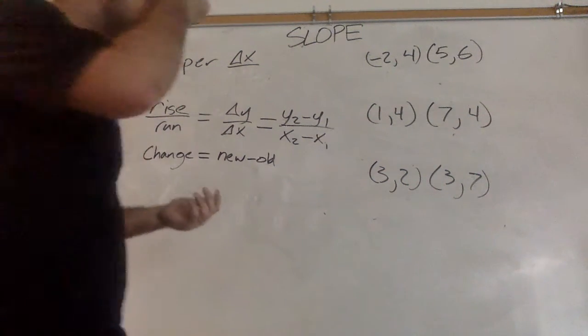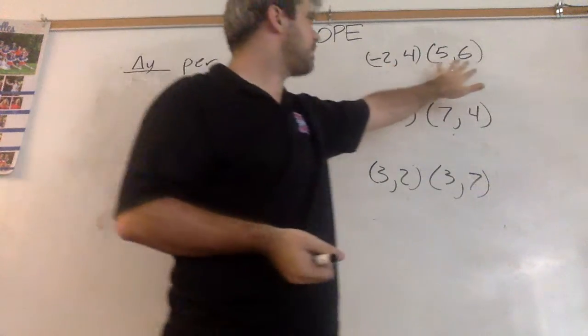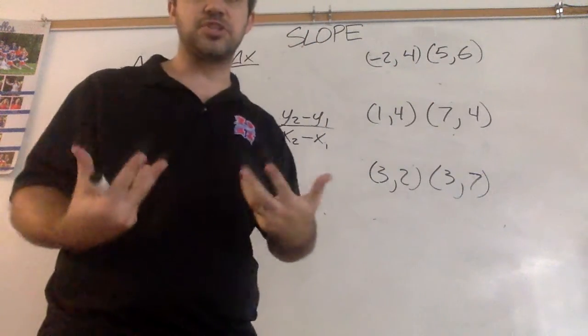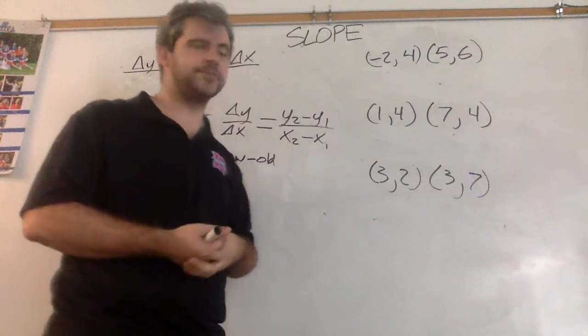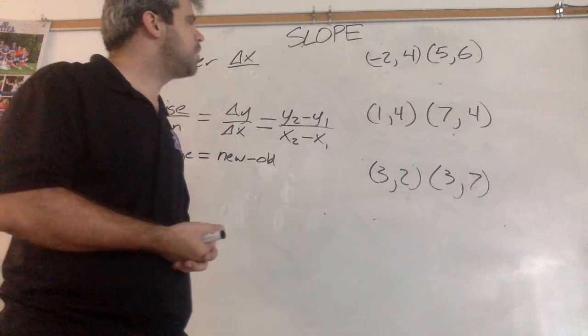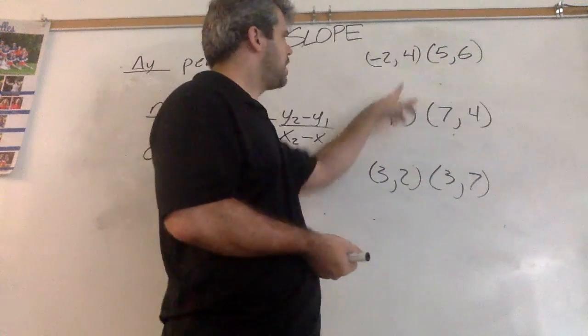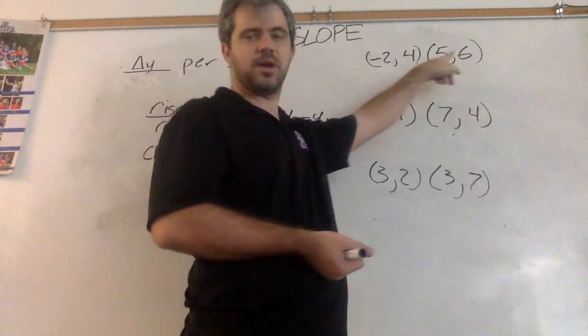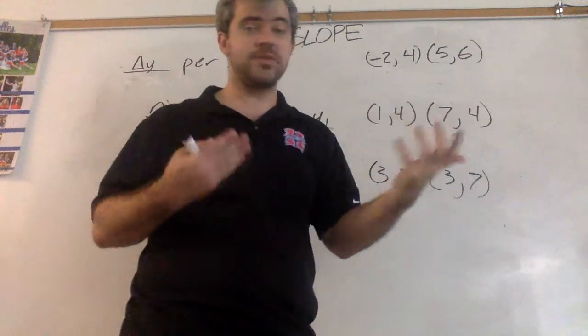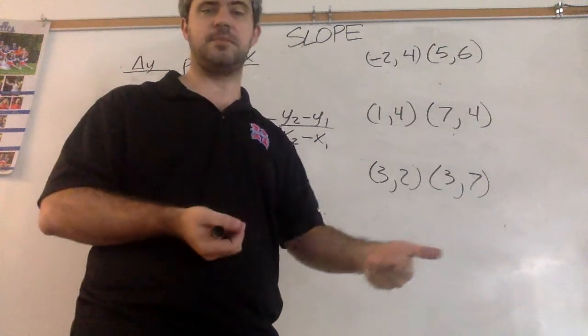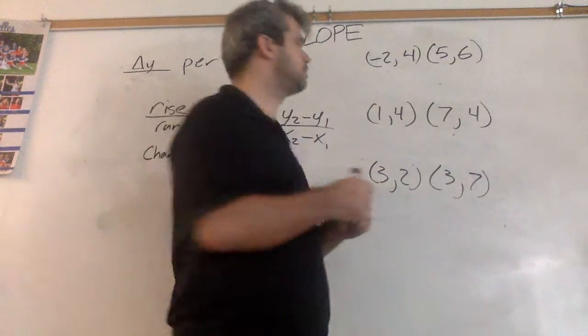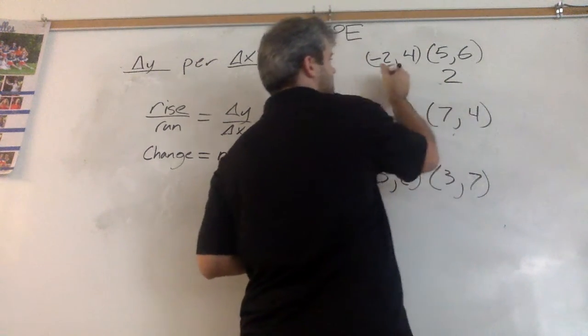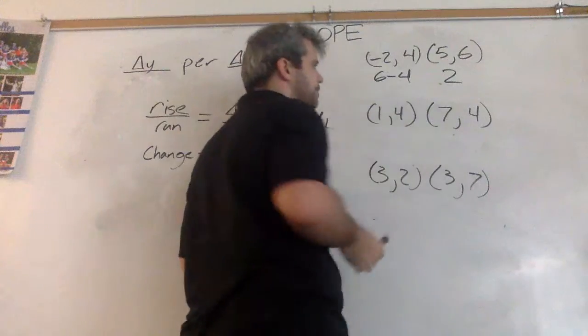Okay, let's do an example. So here's my 2 points. Let's say I want to find the slope between these 2 points. My change in y, 4 to 6, is that increasing or decreasing? It's increasing. By how much? By 2. It's 2 because it's 6 minus 4.